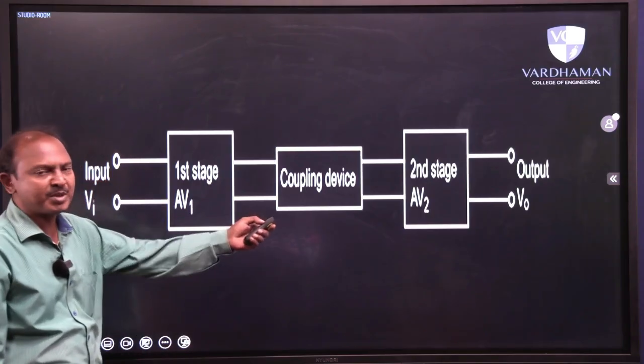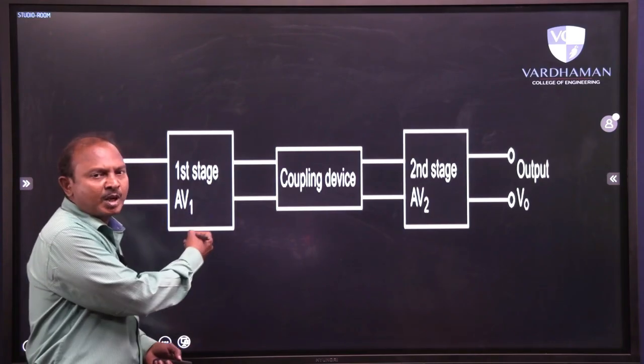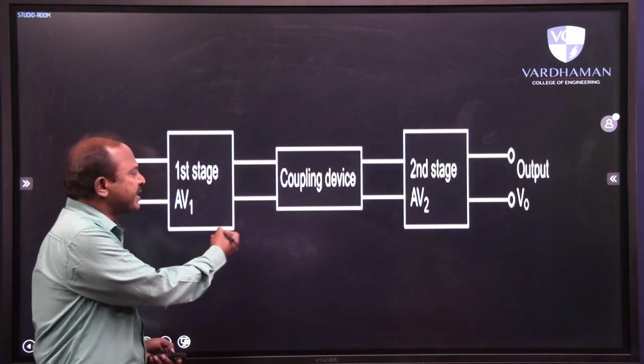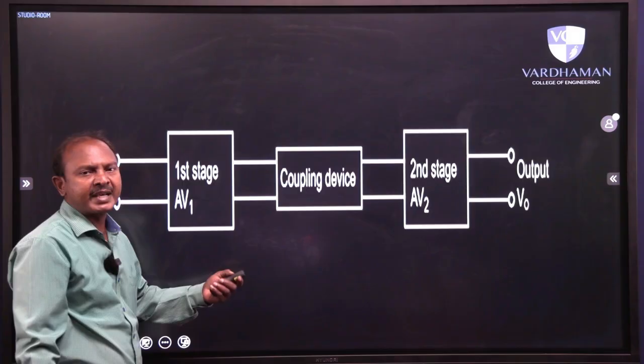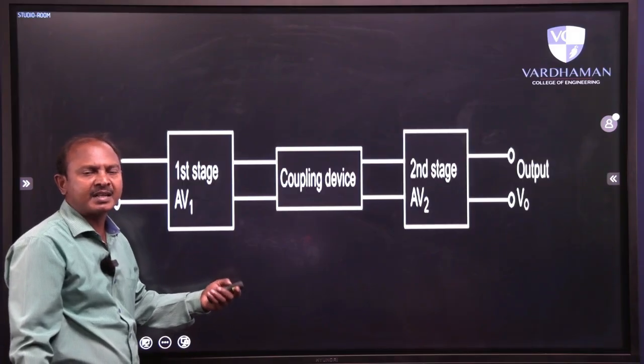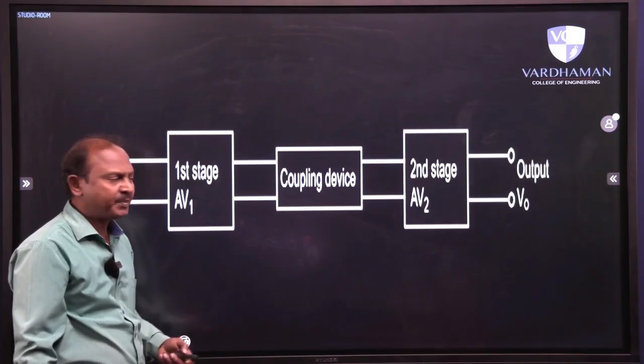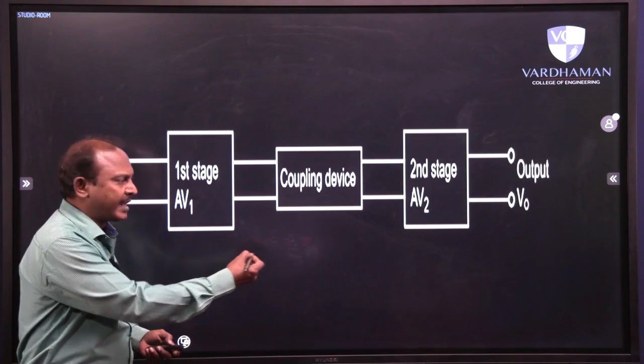That is what this block diagram is telling us. Of course, when you are coupling or cascading different stages of amplifiers, we are going to use a coupling element, maybe a capacitor or an inductor or a transformer and so on. That is okay, we will talk about it at a later stage.